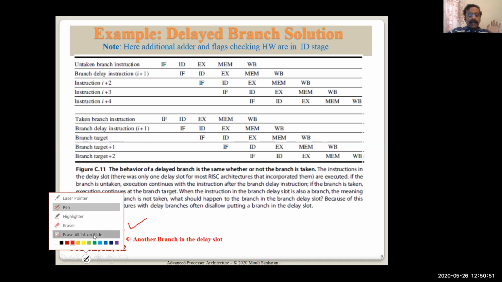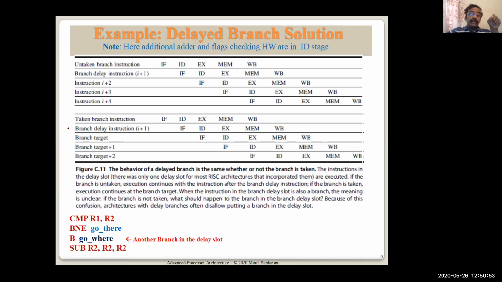Okay. Now, I have introduced a branch delay instruction in my compiler. Our compiler is not intelligent enough, and it has put a branch instruction inside that. The delay slot is not having any normal data processing instruction. It is having a branch instruction.